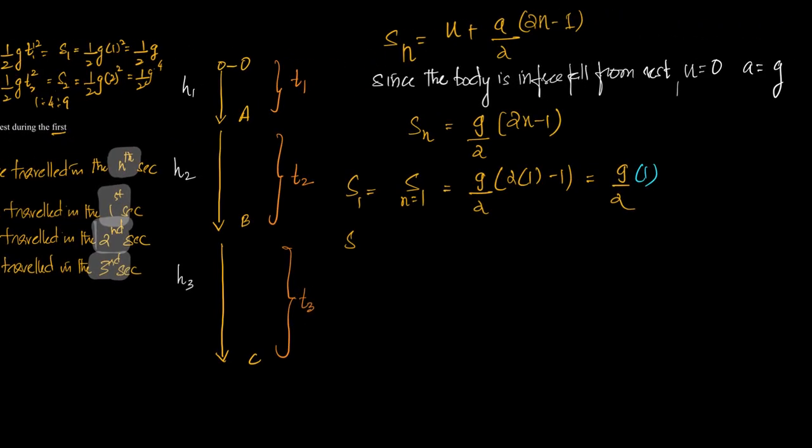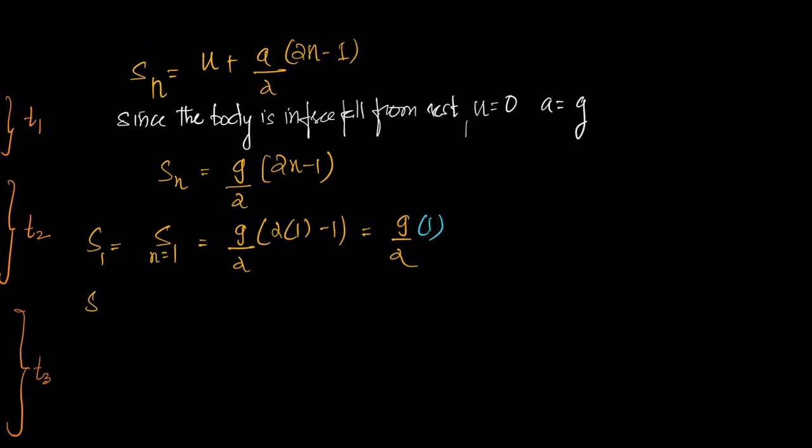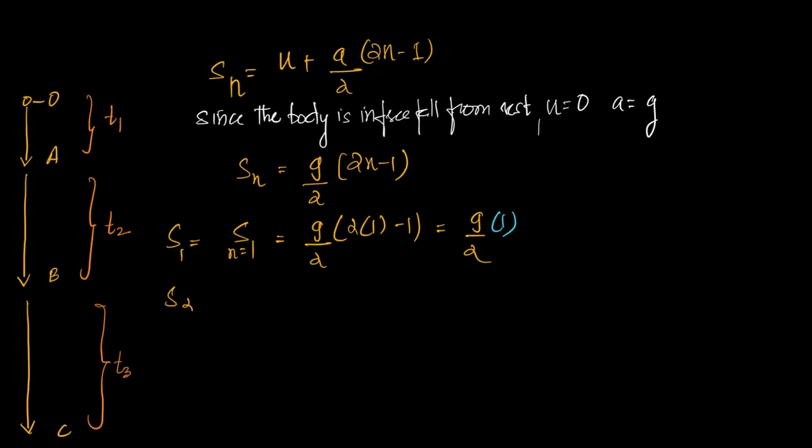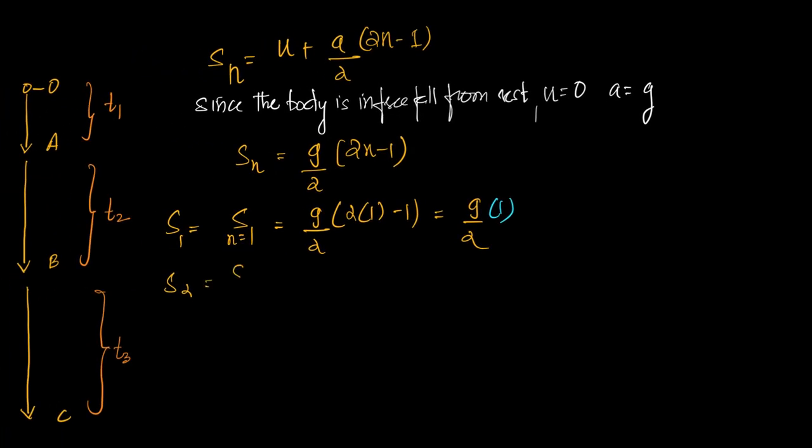First, second and third, right? So S2 is equal to S at n is equal to 2, which is equal to g by 2 into 2 into 2 minus 1, which is g by 2 into, what is 2 into 2? 4. 4 minus 1 is 3.